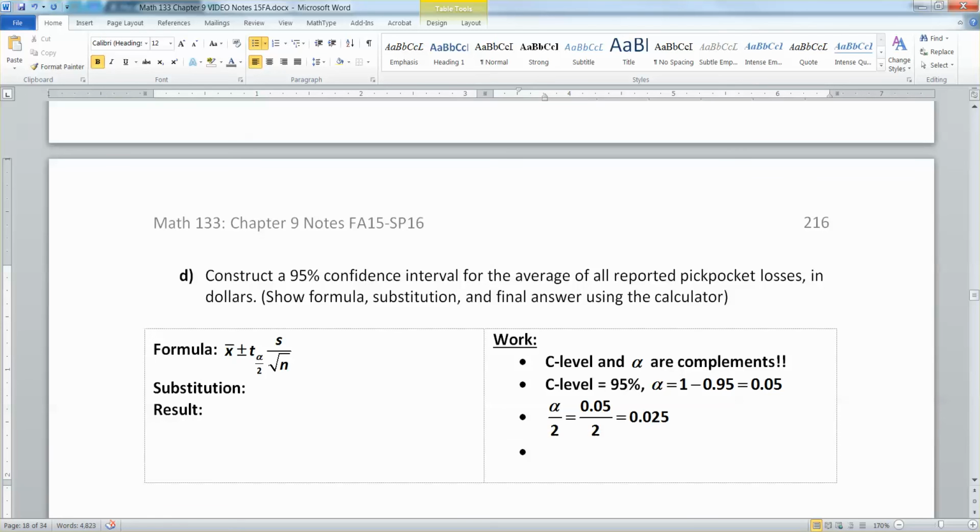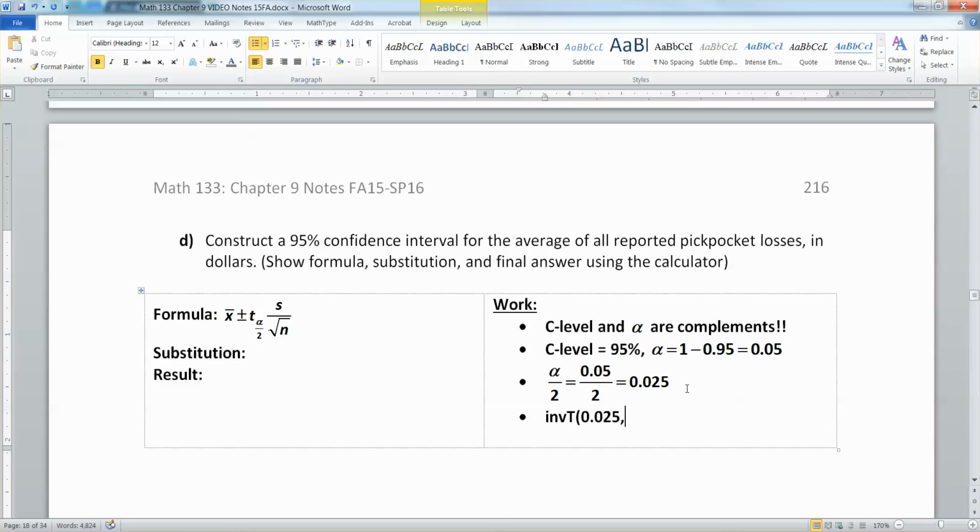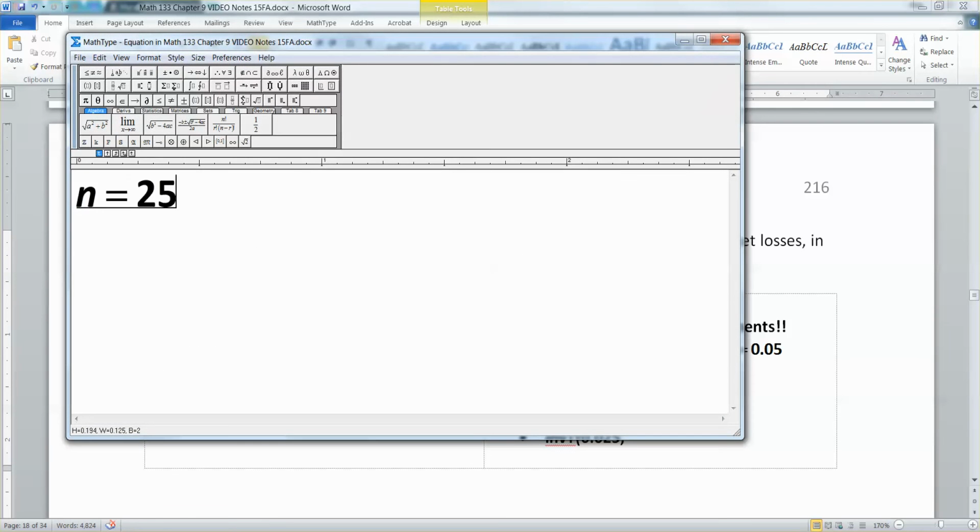Right, so that means that my critical t value is inverse t 0.025 comma. Now my degrees of freedom, I better figure that out. N was 25, so that means that degrees of freedom is 24 because it's 25 take away 1. So df equals 24.